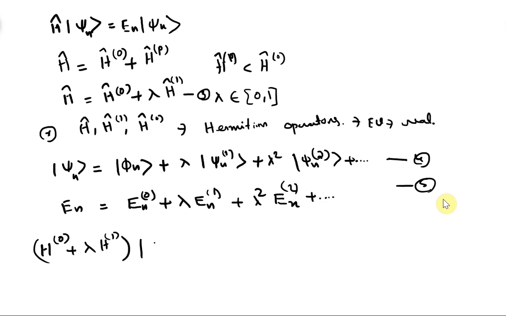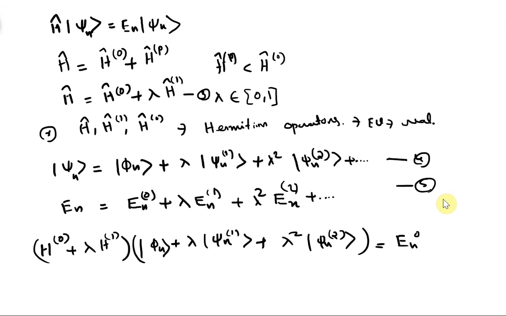Now psi n is nothing but phi n plus lambda psi n 1 plus lambda square psi n 2, which is equal to En 0 plus lambda En 1 plus lambda square En 2.